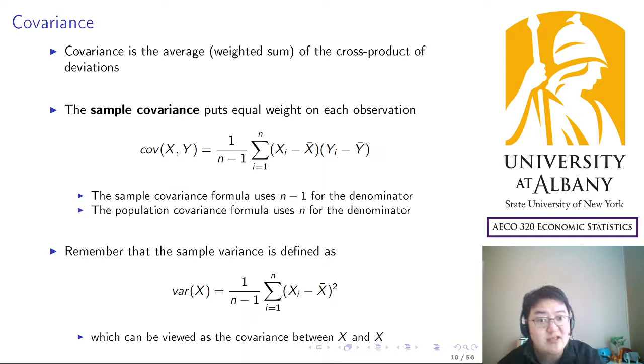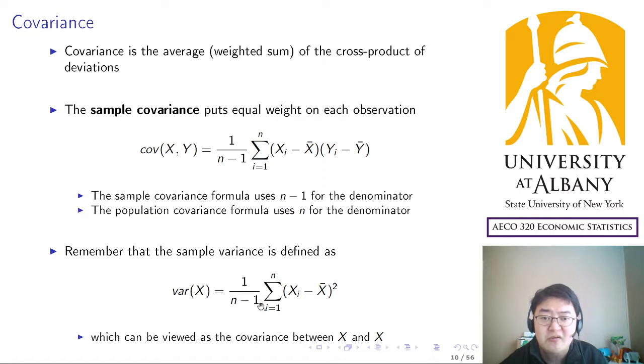If you do calculate that, then y equals x, so yi should be xi, and y bar should be x bar. So it is xi minus x bar times xi minus x bar. It's just squared deviations, which is this, right? When you replace y with x, this covariance formula simply becomes a variance formula.